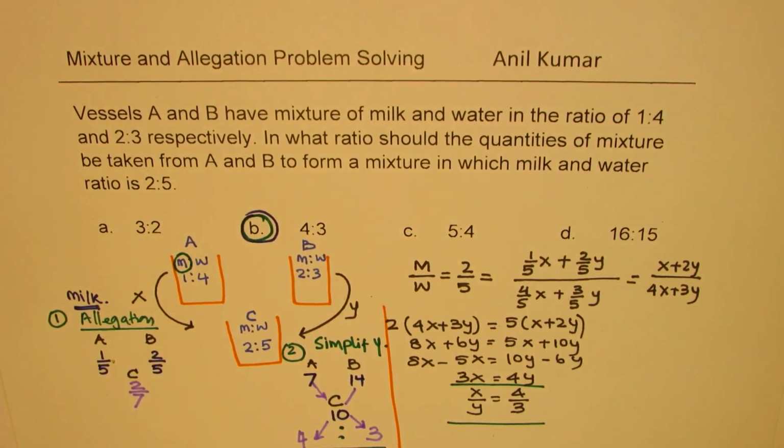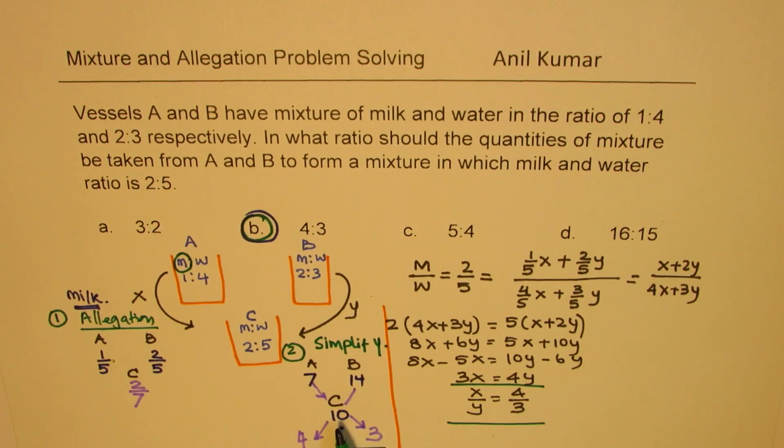So what we have done is, we've just written this question, finding the ratio of milk in all the 3 containers. Here it is 1 out of 5, there it is 2 out of 5, here it is 2 out of 7. Taking away the denominators by multiplying by a common factor, we are working with numbers, and that is what I call the simplified version of our allegation rule. The rule is very simple.